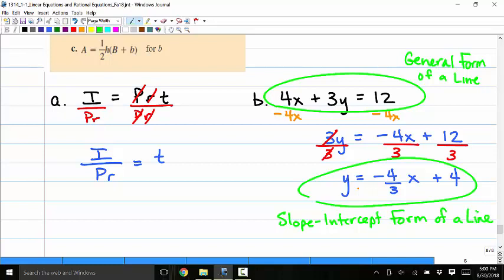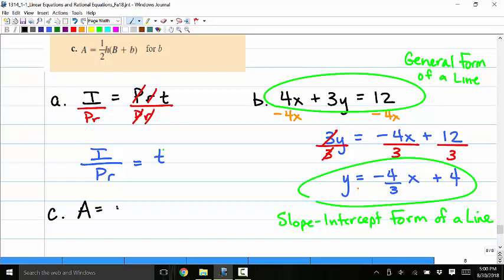We're going to talk about that more when we start talking about graphing linear functions. Right now you don't need to know that, but I do need you to know how to solve for a specified variable. So if I give you 4x plus 3y equals 12, can you solve for y equals?